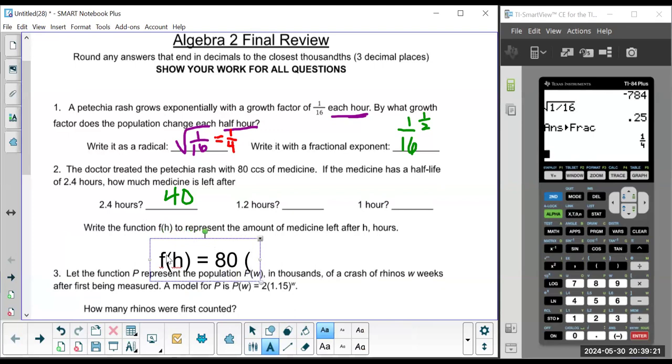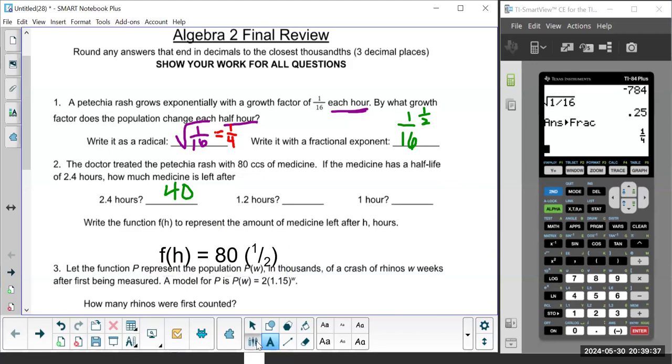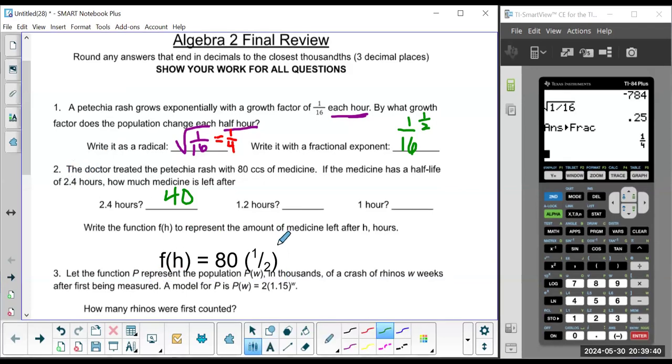The growth factor, which is a half-life, is 1/2, or you can do 0.5, however you want to do it. And then we need our exponent. Normally it's 1, but because it's happening every 2.4 hours, I'm going to put the h, and I'm going to do that over 2.4.